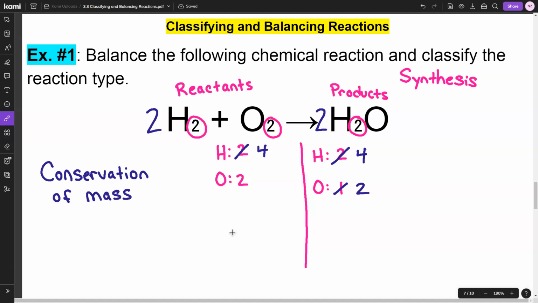The amount of matter on the reactant side of our chemical reaction should equal the matter on the right side. So the number of atoms on the left side should equal the atoms on the right side. All of our ingredients that we're combining should still be accounted for on the product side. Conservation of mass is the principle that we're using here to balance our chemical reactions.